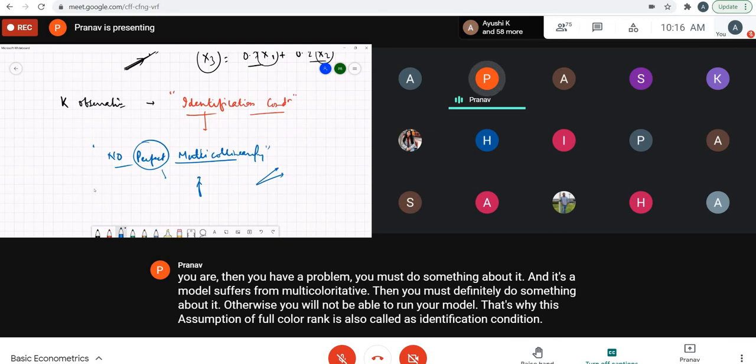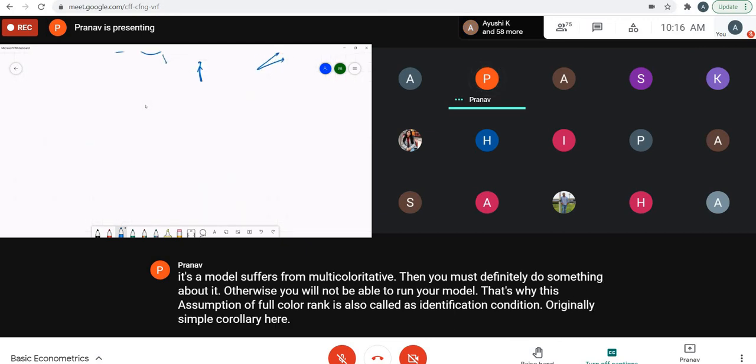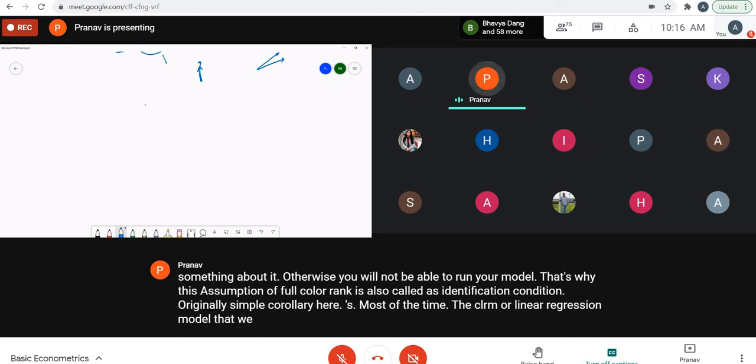And there is a very simple corollary of this. And yes, one more thing: most of the time the CLRM or linear regression model that we understand is assumed to include a constant term.